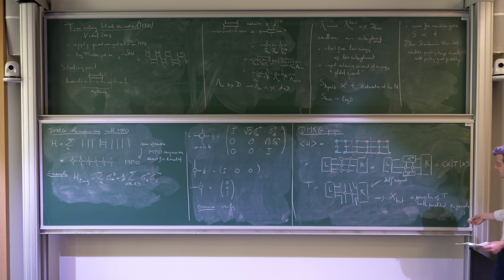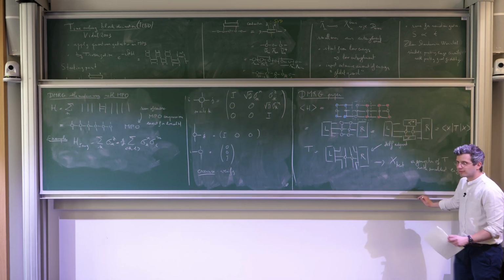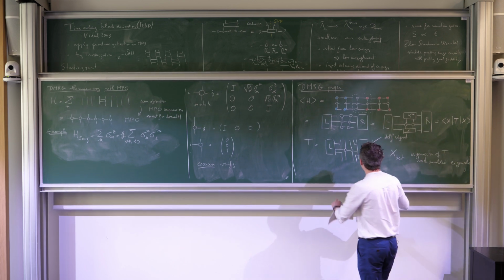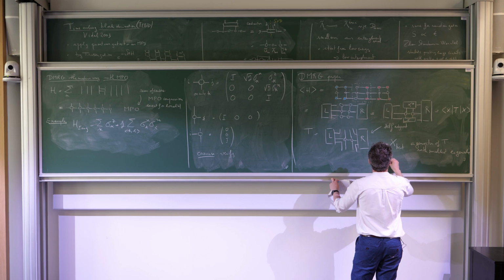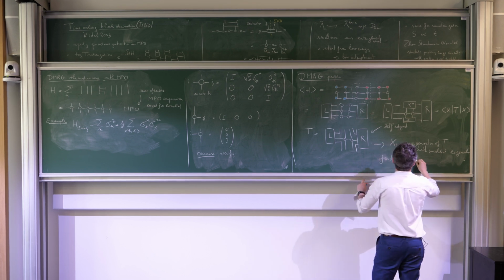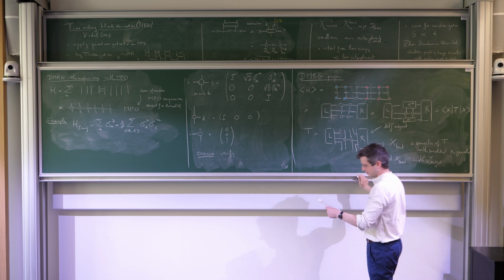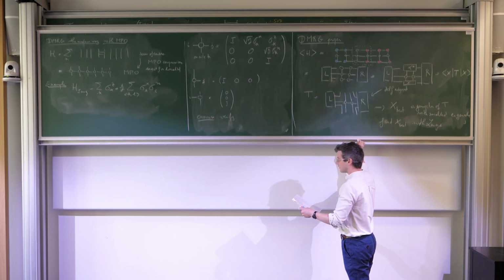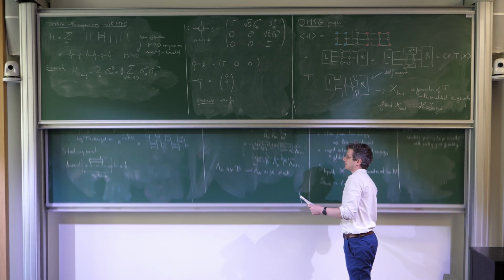In fact, we don't even need to diagonalize T. We can just use an iterative algorithm like Lanczos to find the lowest eigenvalue. So typically, you find the x best with Lanczos or any other sparse diagonalization technique.